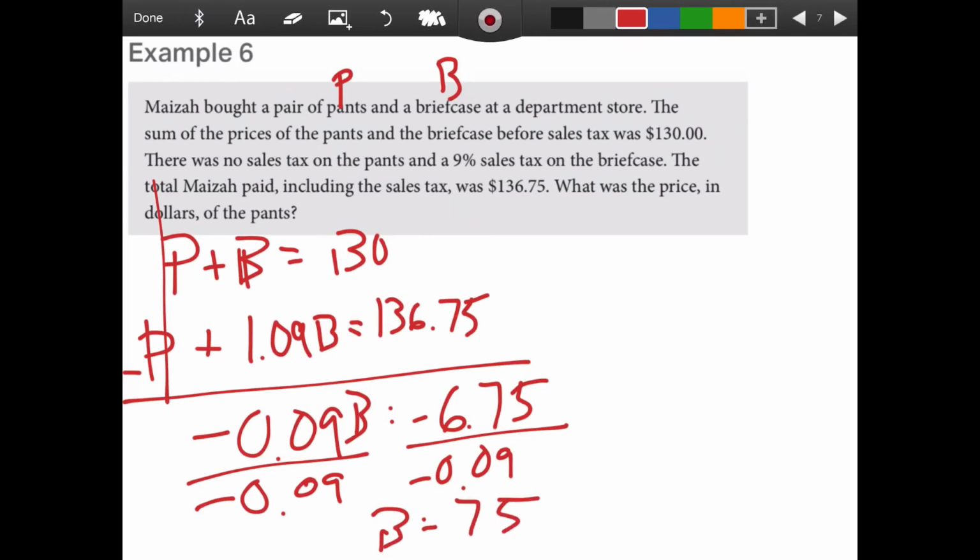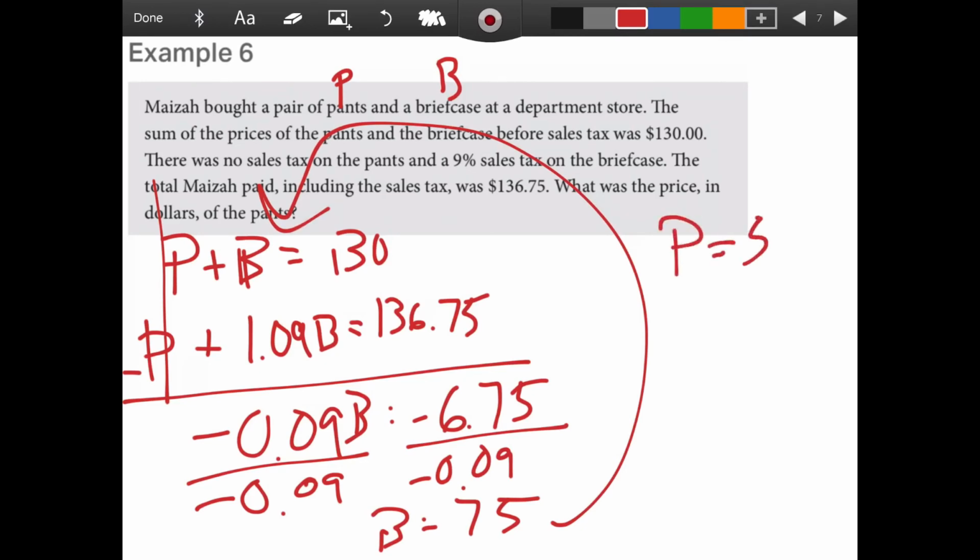Now, very easy to go back and plug that in. So the pants will cost blank amount of money if the briefcase costs $75. So I just subtract 75 from 130, and I get that the pants cost $55, which would be what I would fill in to this problem.